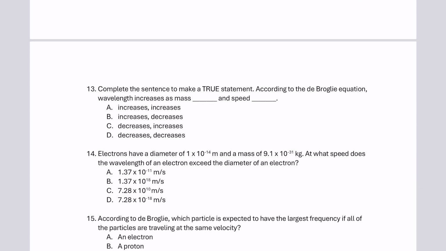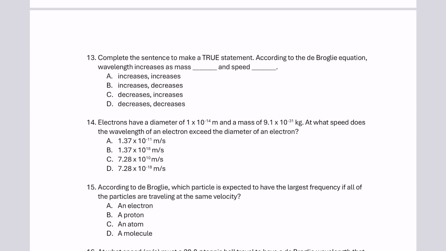Problem 13 says, complete the sentence to make a true statement. According to the de Broglie equation, wavelength increases as mass blank and speed blank. The de Broglie equation says that wavelength is equal to Planck's constant divided by mass times velocity. This equation shows that the wavelength of a particle is inversely proportional to both its mass and its velocity.